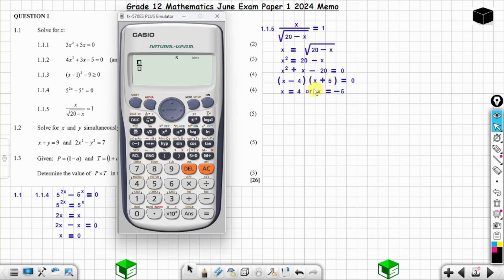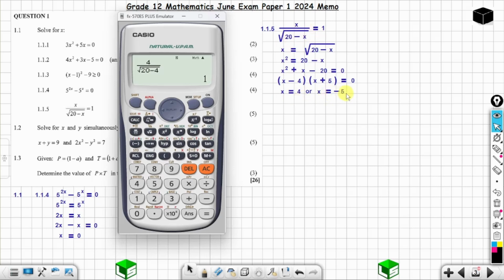So you are going to plug 4 wherever you have x. Okay. Can you see? This is equal to 1. So you have 1 on the left side and 1 on the right side. So this is a valid answer.